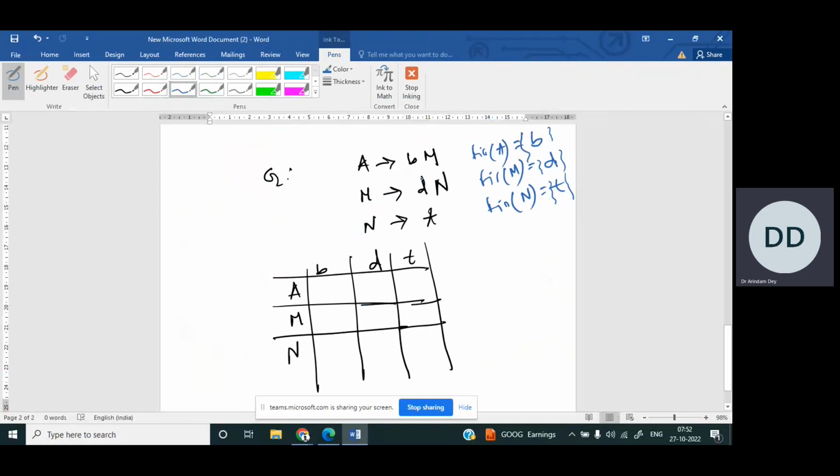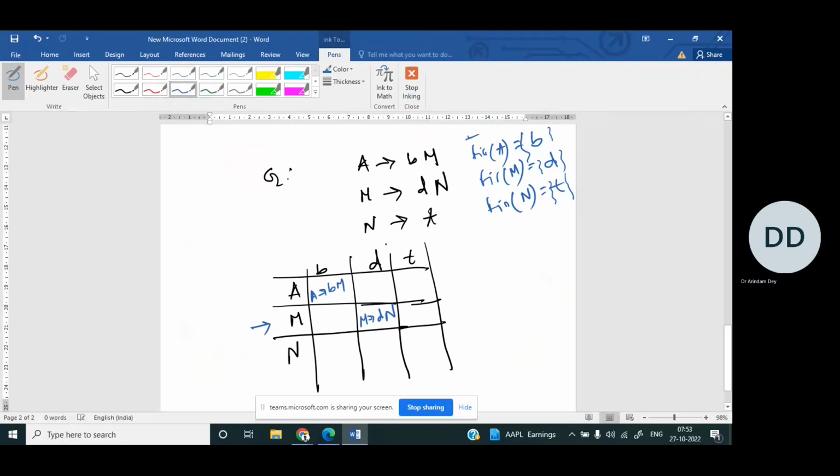Correct? Now if I consider the first of A, the first one, first of A is B, it is being generated by the production A to BM. So I am writing here A to capital BM. For the second variable M, small d is being generated by capital M to DN.